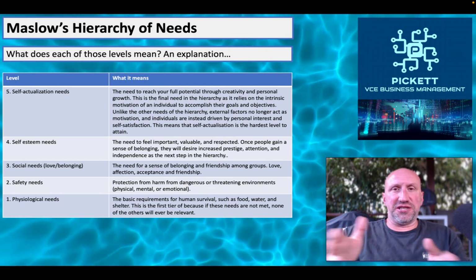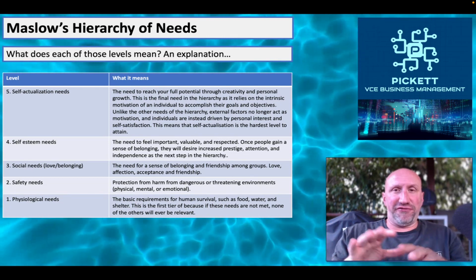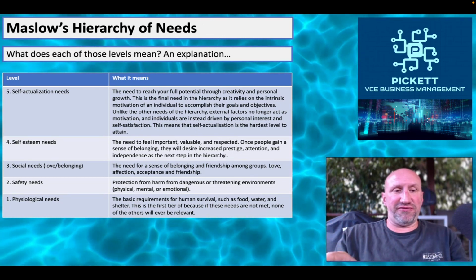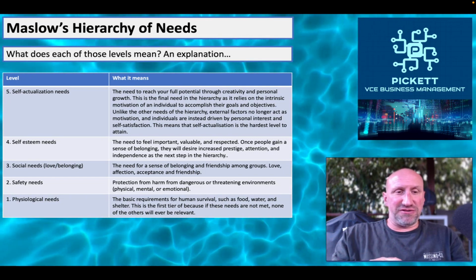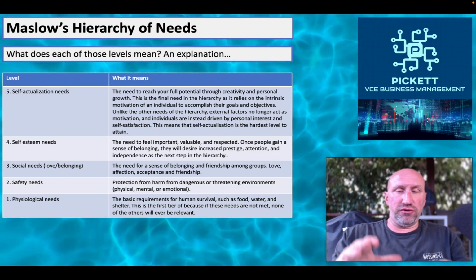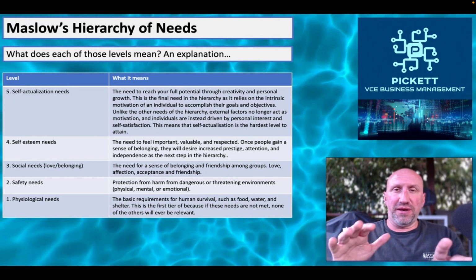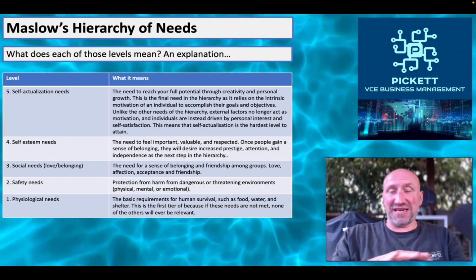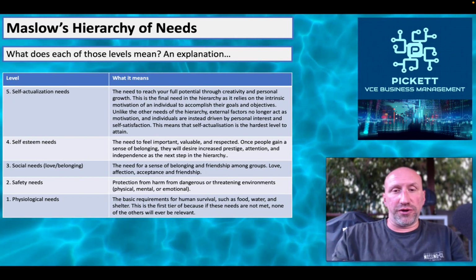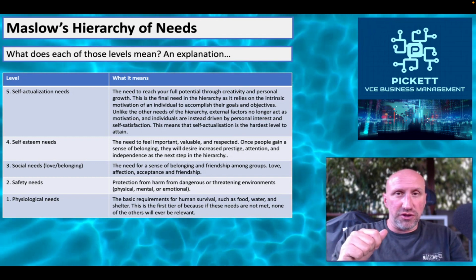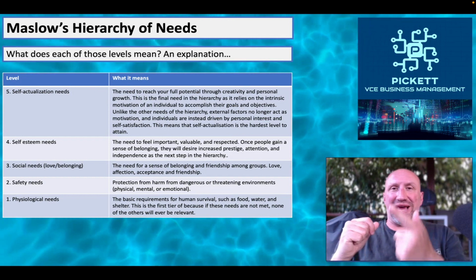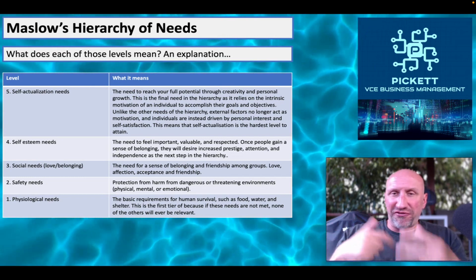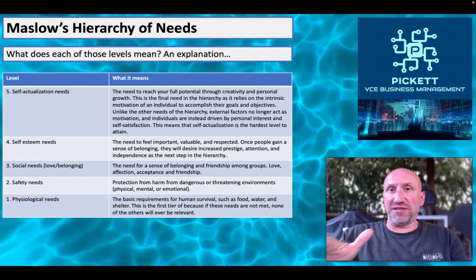So fundamentally, as humans, the very first need that we must satisfy is those physiological needs. Now, once we have satisfied those needs, in other words, we have enough food, we have enough water, we have shelter, so physiologically our needs are met.